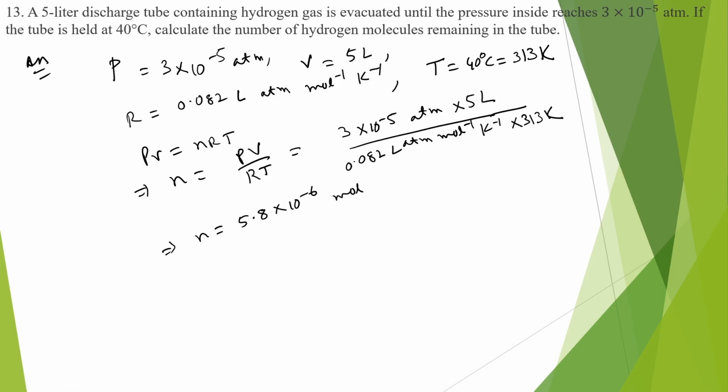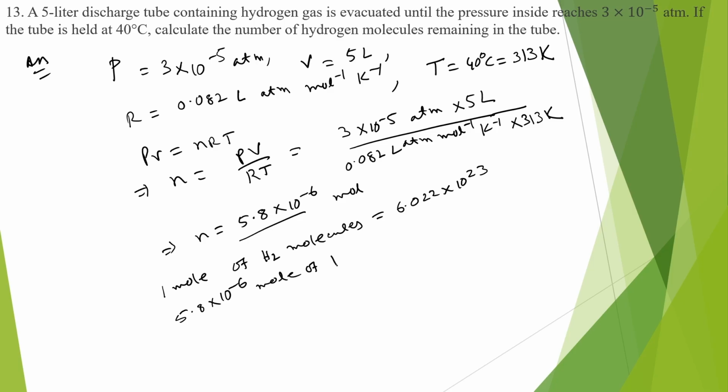So we have to calculate the number of hydrogen molecules. Okay. So 1 mole of hydrogen molecules is nothing but Avogadro number, 6.022 times 10 to the 23, and number of moles here is 5.8 times 10 to the minus 6 moles of H2.